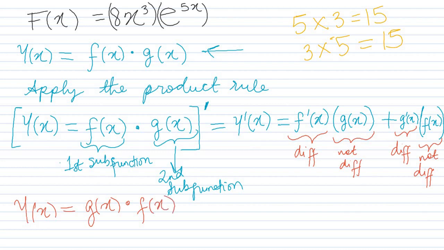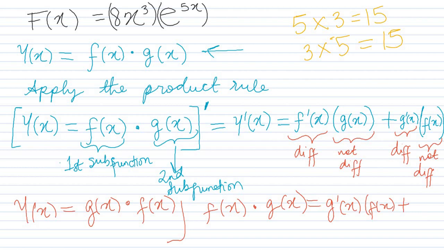Or you just have f of x multiplied by g of x, but instead you derive the second function and have g prime of x multiplied by f of x plus f prime of x multiplied by g of x. What I'm trying to say here is it doesn't matter the position in product rule, but when you go into the next part of this series, which is quotient rule, you're going to see that the position really matters.